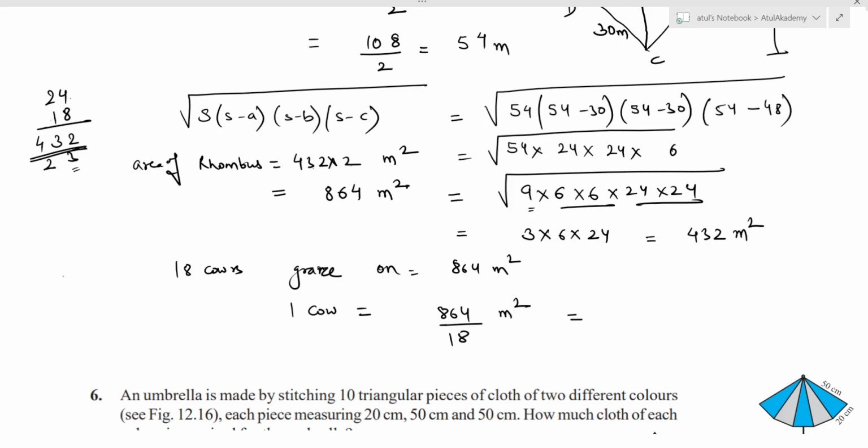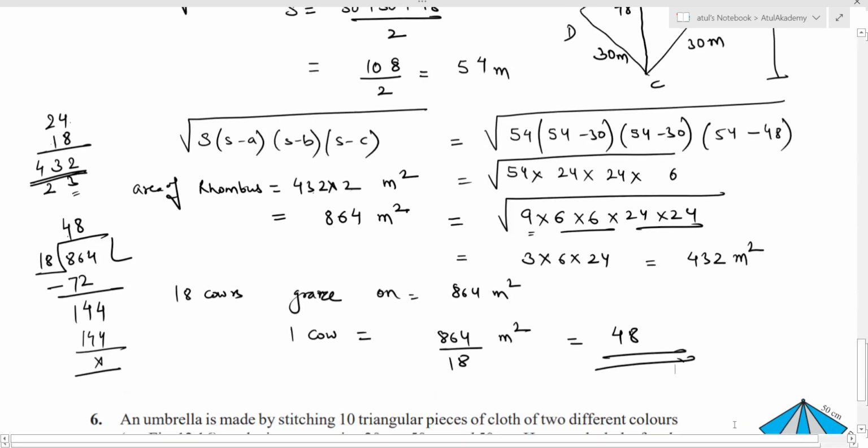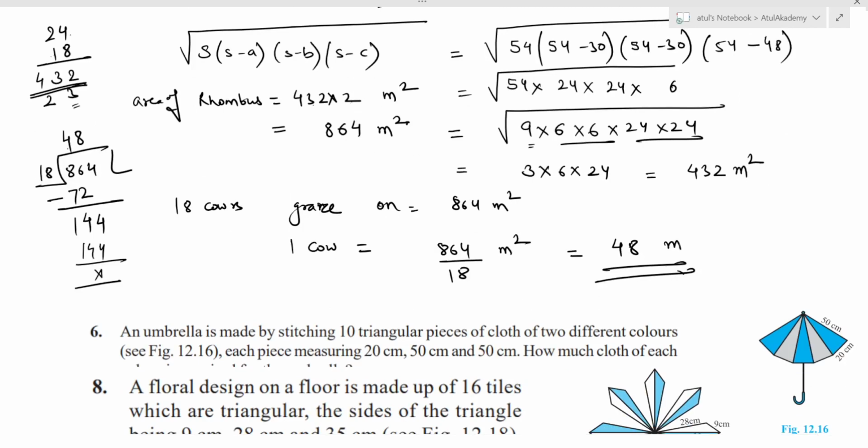So let's divide it. 18 fours are 72, subtract, 144. 18 eights are 144. So it's 48 meter square, the area for each cow.